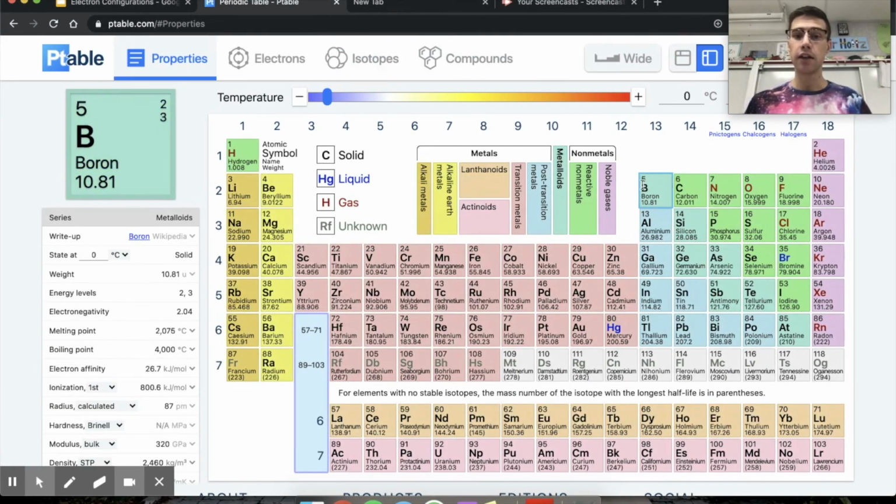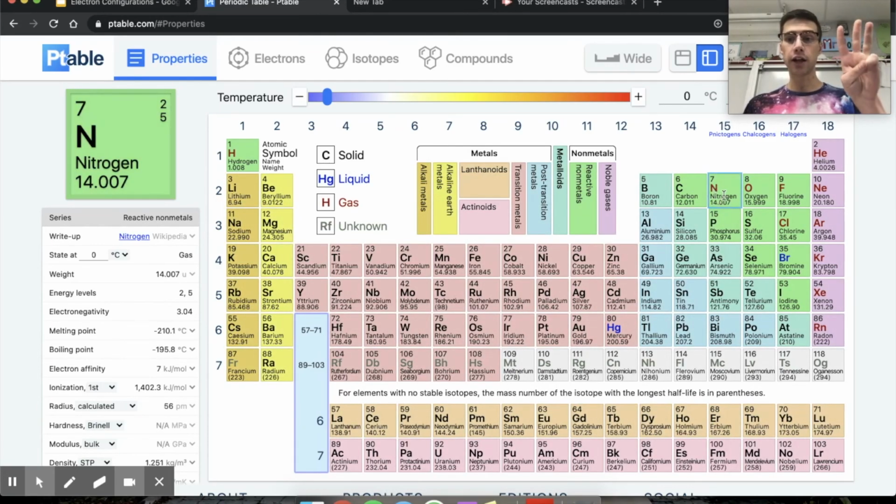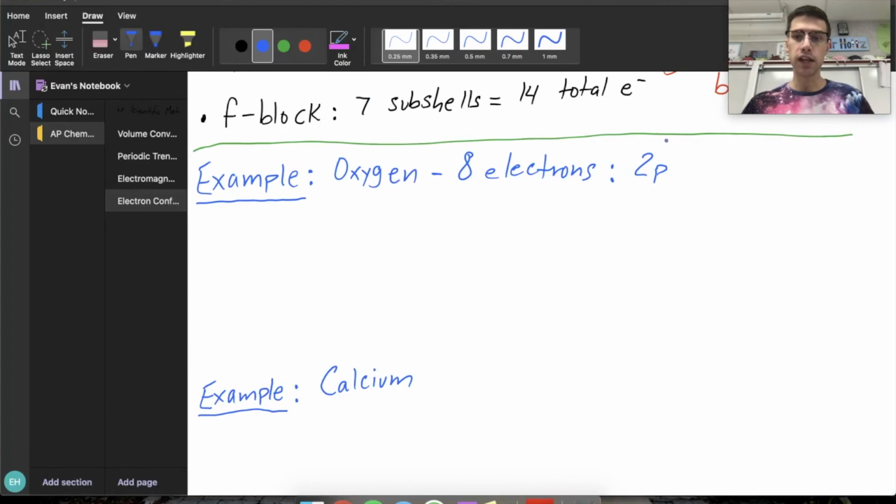Meaning that in 2p, boron is the first element, so boron has the first electron in the 2p subshell, which means carbon would be 2p with 2 electrons, nitrogen would be 2p with 3 electrons, so oxygen is 2p with 4 electrons. So we need to end up with a total of 2p4.